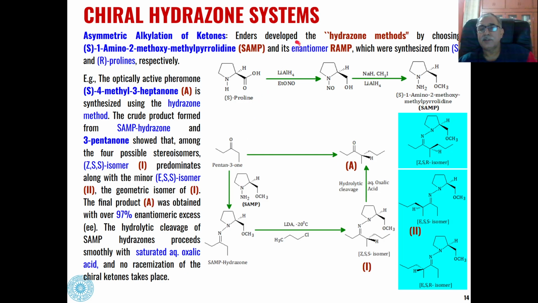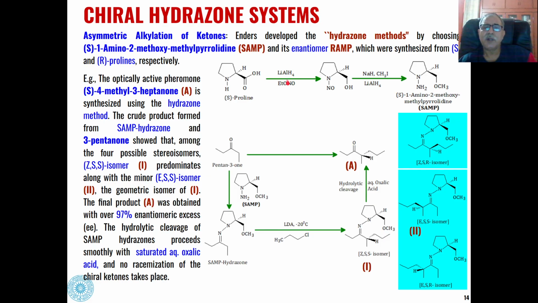Now the hydrazone methods generally use SAMP and its isomer RAMP, S-1-amino-2-methoxymethyl pyrrolidine, as the chiral auxiliary. So this is SAMP. This is derived from S-proline.